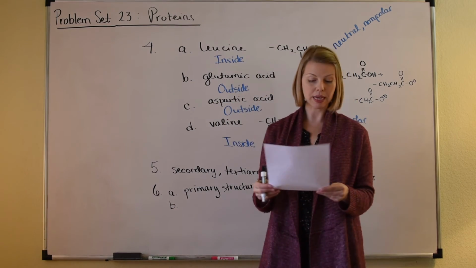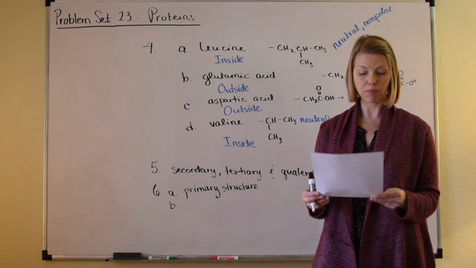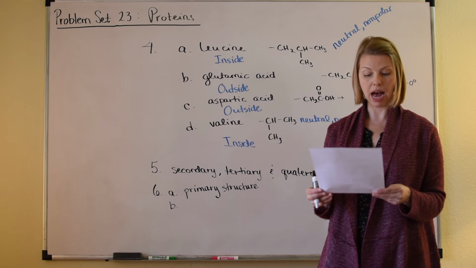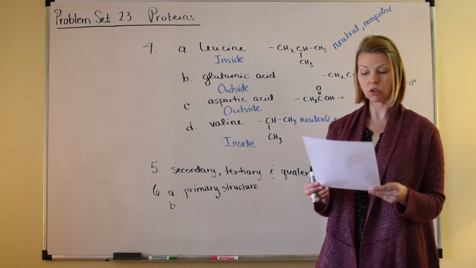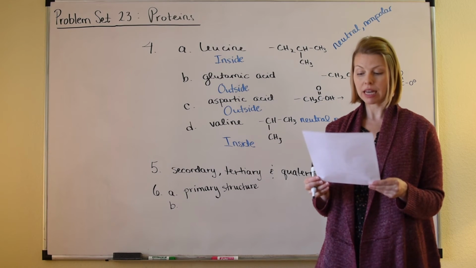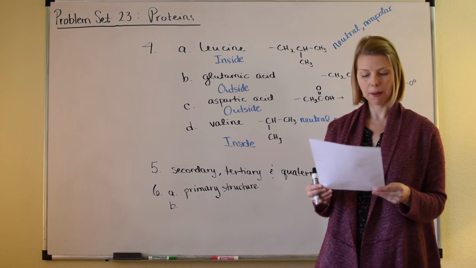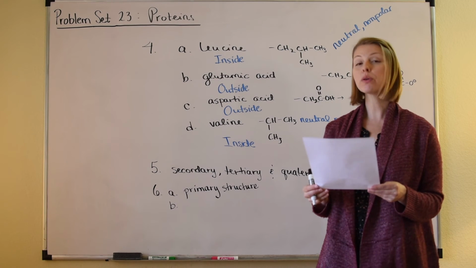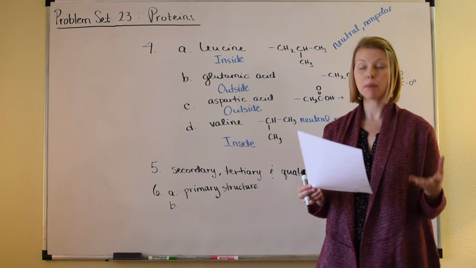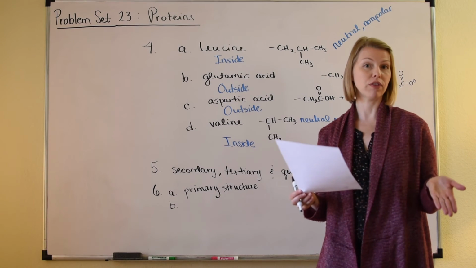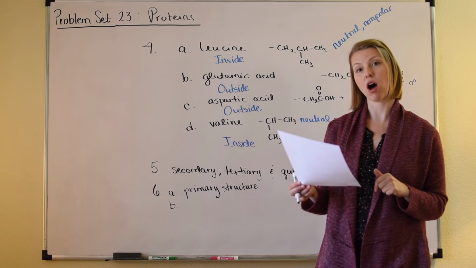Okay. For B, what level of protein structure is determined by non-covalent interactions and covalent disulfide bonds involving the amino acid side groups? So 2 levels of protein structure are stabilized by these types of non-covalent and covalent disulfide bonding.